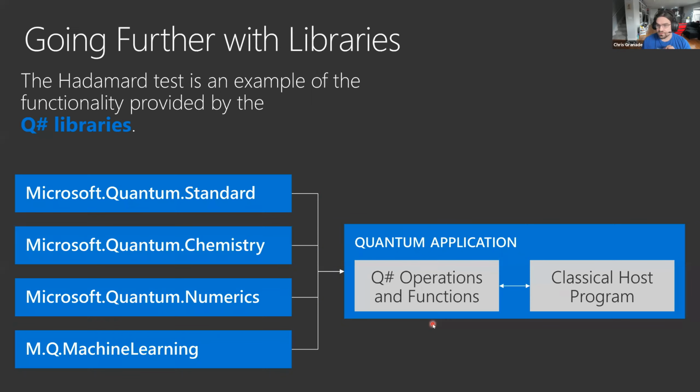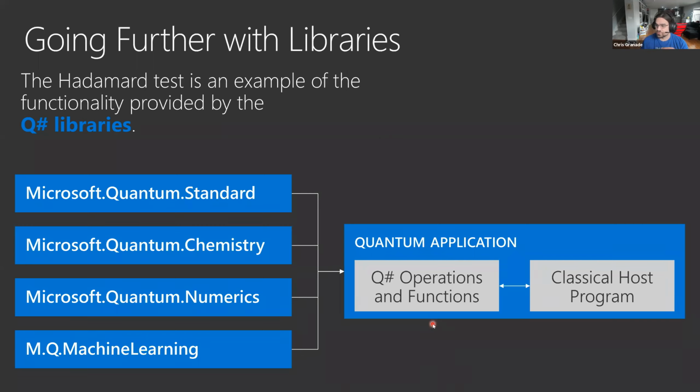So what we saw there with the Hadamard test, EstimateRealOverlapBetweenStates, is a great example of how the functionality provided with the Q# libraries helps you out when you're writing out your algorithms in Q#. So that example comes out of the standard library, which provides a lot of the pieces you need, like characterization ideas, amplitude amplification, Hamiltonian simulation, a lot of the core concepts that you need in different algorithms.